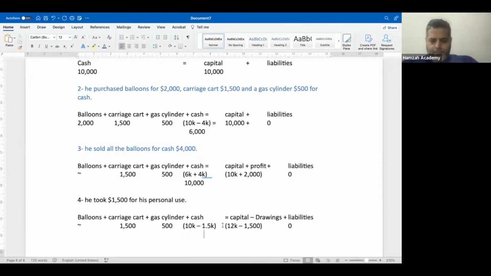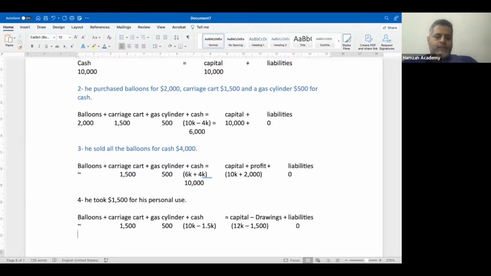So look over here. 12,000 minus 1,500, 10,500. 10,500 is equal to 10 minus 1.5 is 8.5, 9, 10 and a half. So 10 and a half is equal to 10 and a half, right? Clear? This is clear to us, right?